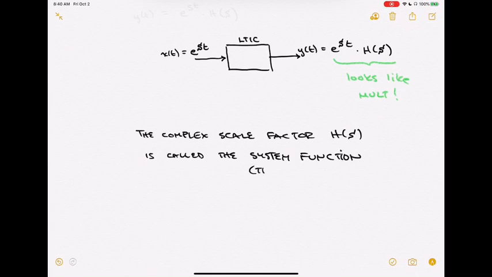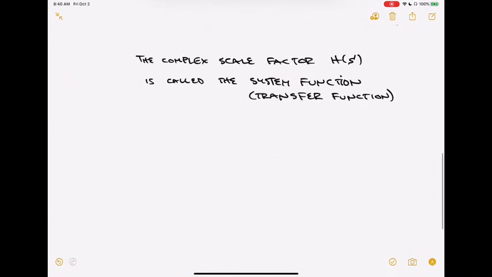It's also called the transfer function. We'll find out later. And this is found by looking at an integral that involves the unit impulse response. Okay, and we know that it is given in the following way.